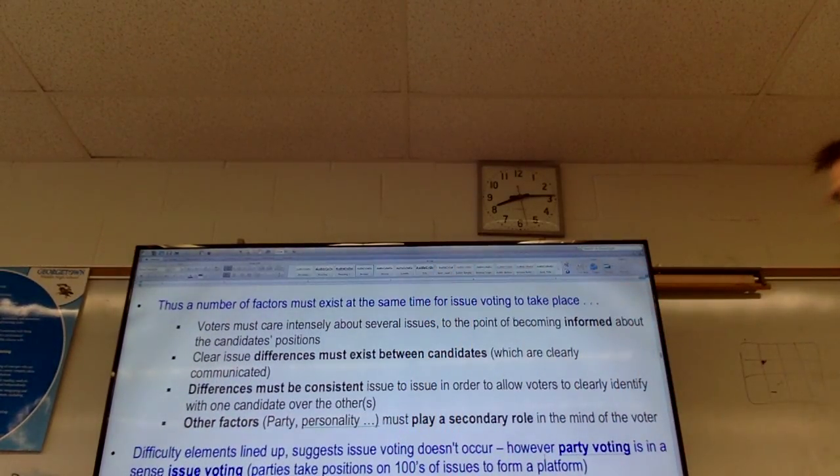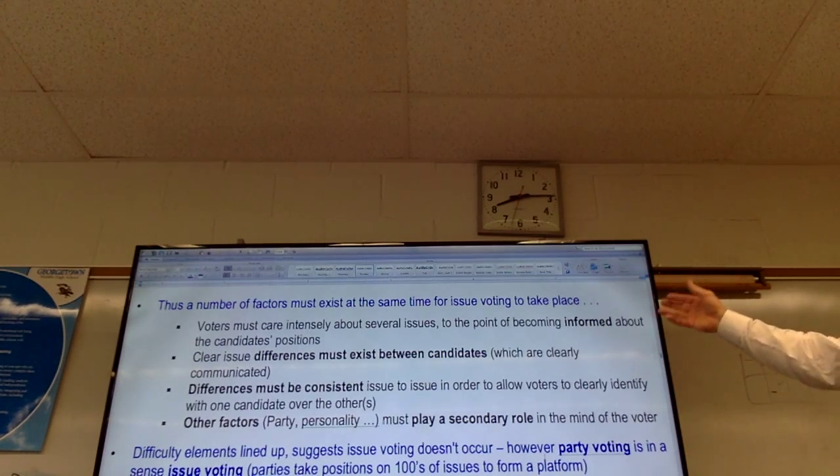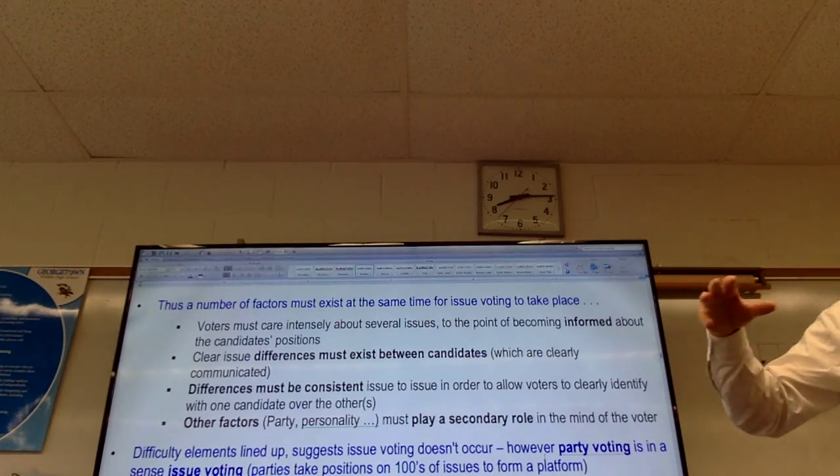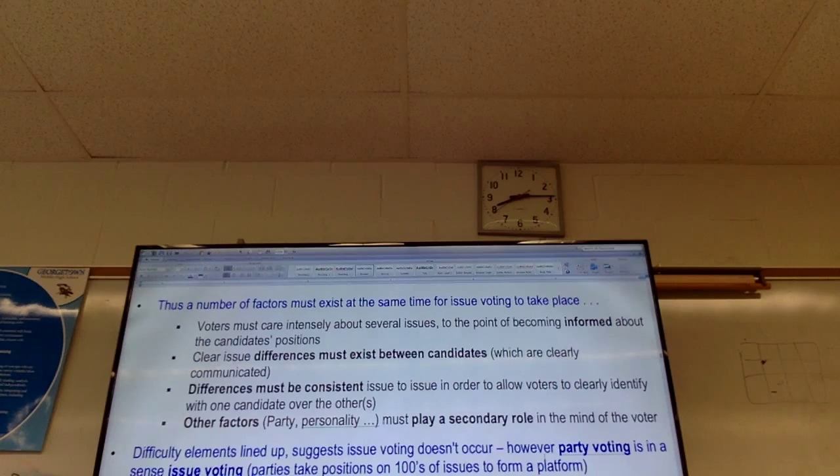Some of the things we're going to have to think about if that is going to happen: one, this is all assuming that you're informed on an issue. That's a pretty big assumption. I've been talking about how your variations and the candidates' variations need to line up.